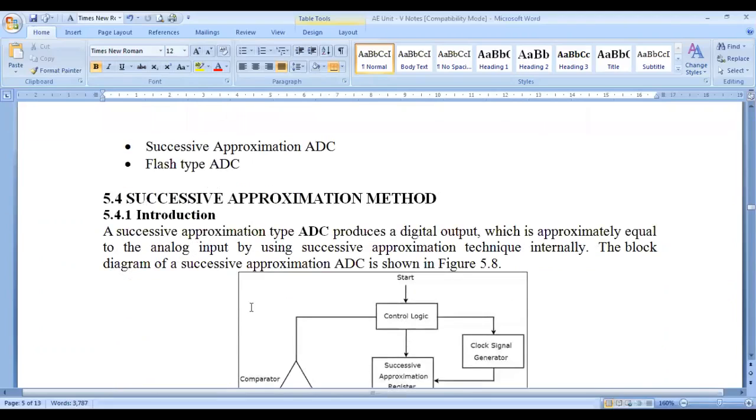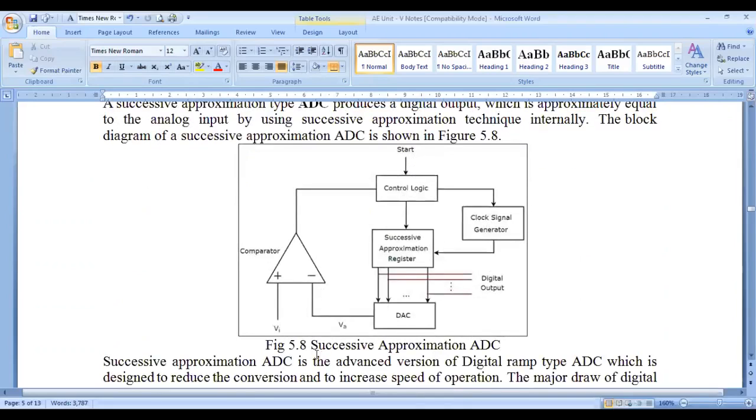Let us see the first method, successive approximation method. The block diagram is shown in figure 5.8. There are 5 blocks here: comparator, control logic, clock signal generator, and successive approximation register, abbreviated as SAR, and a DAC.